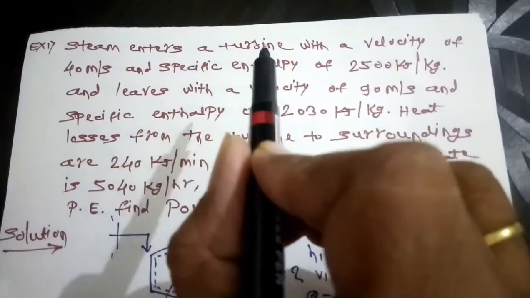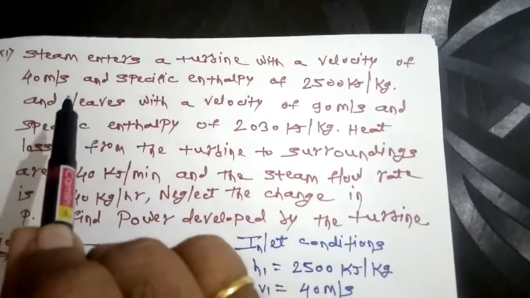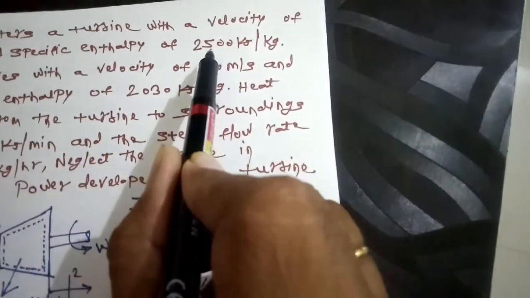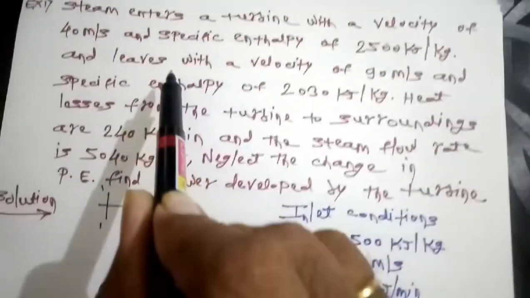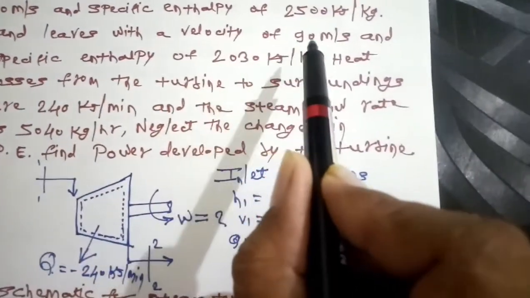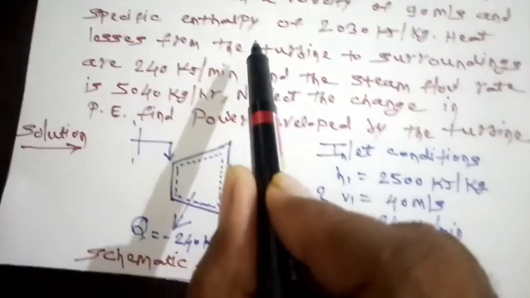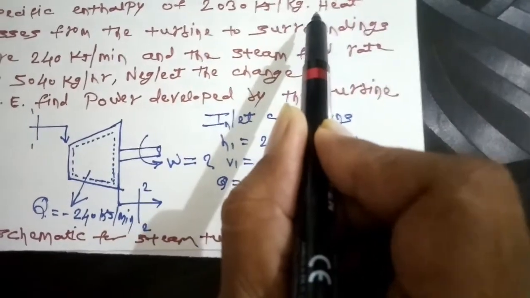Steam enters a turbine with a velocity of 40 meter per second and specific enthalpy of 2500 kilojoule per kg and leaves with a velocity of 90 meter per second and specific enthalpy of 2030 kilojoule per kg.